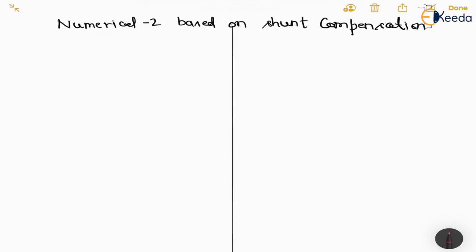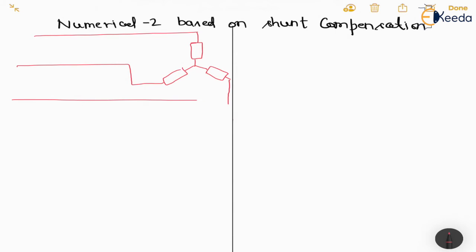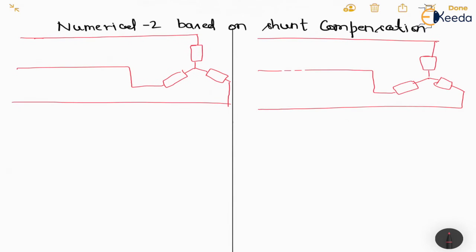So let us assume we have a load here, a three phase load basically. This we can draw like this. This is the three phase system, and we make both sides the same load, the same system. Now we are going to compensate with a shunt capacitor here in star.